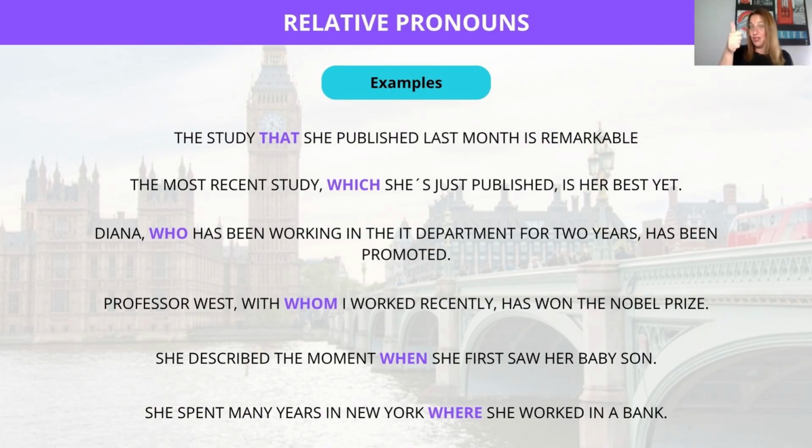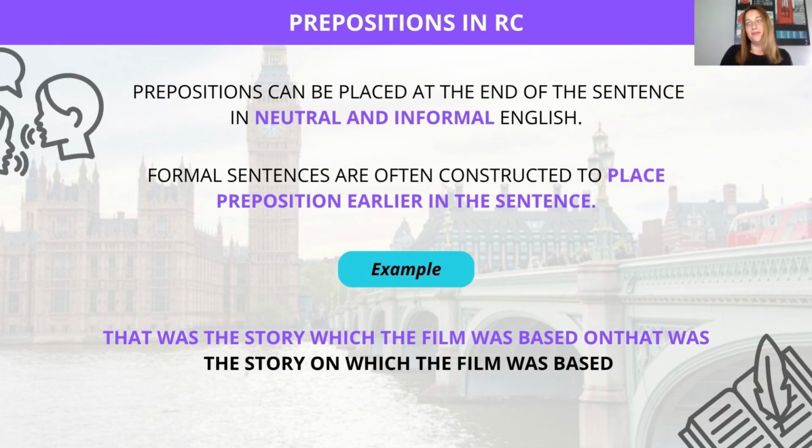Why? Because first, it doesn't go between commas. Good. And second, because the extra information I'm giving to you is essential to understand the main sentence. She spent many years in New York. Right. It's easy? Yeah, it's not difficult, at least let's say.